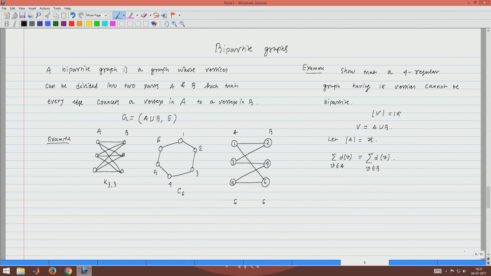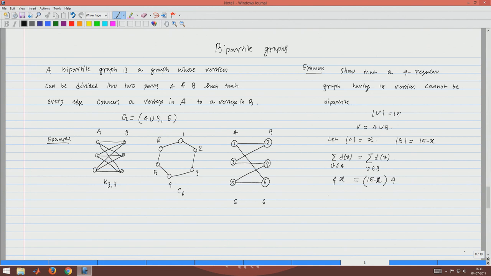Now, if in part A there are x many vertices and each vertex has degree 4, because this is a 4 regular graph, then this has to be equal to the number of vertices in the part B, which is 15 minus x, into 4.